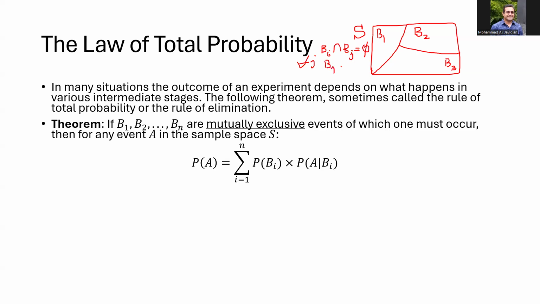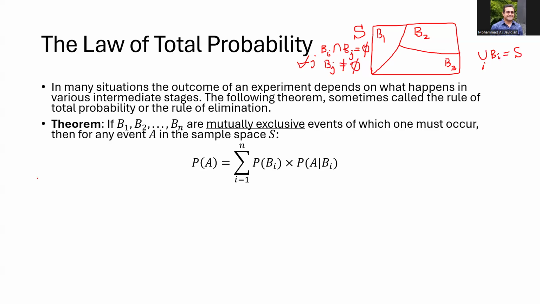The subspace by itself is not an empty set. And finally, the union of all of the subspaces, let's say Bi, union of all of them gives you the whole space of the probability that we are interested in.